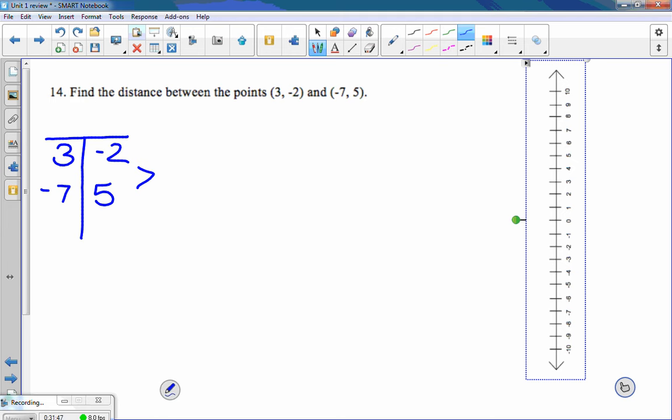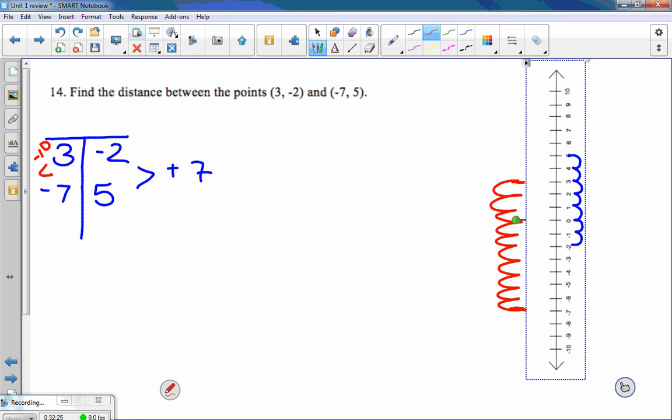Here is -2. Is everybody with me? If I go from -2 to 5, all I got to do is count. 1, 2, 3, 4, 5, 6, 7. So it's a +7. To go from 3 to -7, all I got to do is count. I'm going down, so it's -1, 2, 3, 4, 5, 6, 7, 8, 9, 10. So that is down 10.